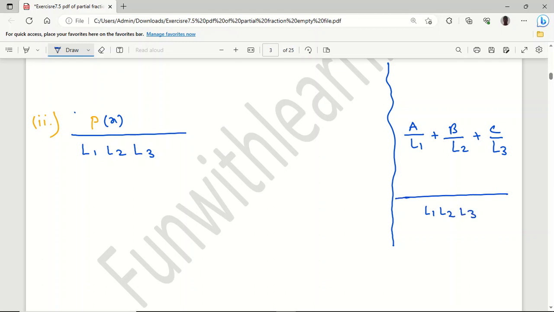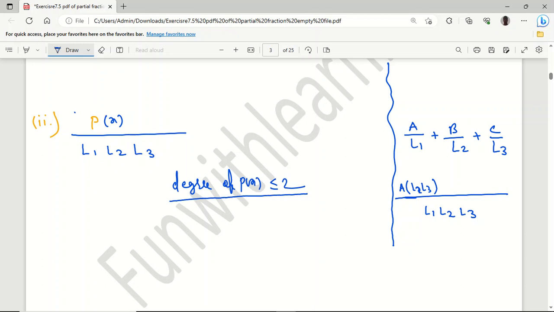But once I write a into, I will get L2 into L3, a degree of 2, and here also the degree of Px can be smaller than or equal to 2.